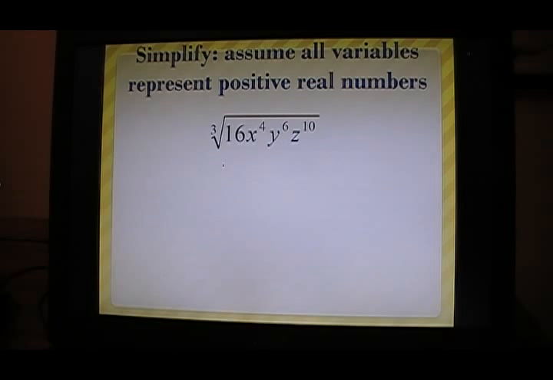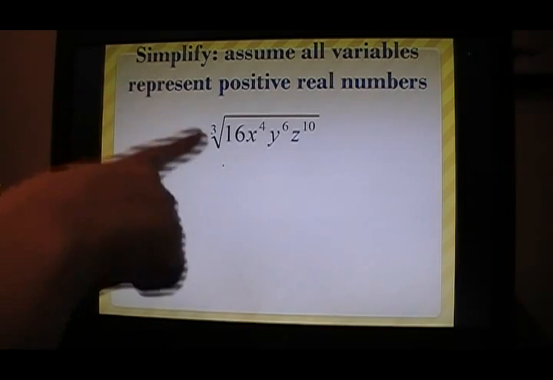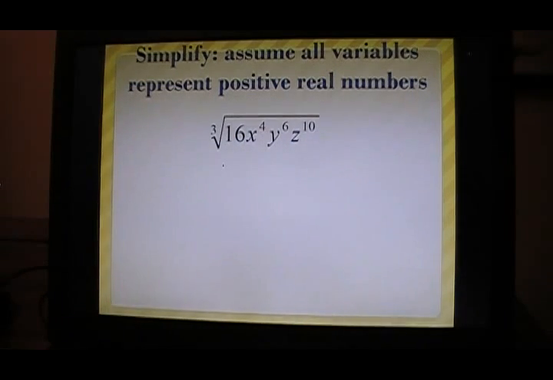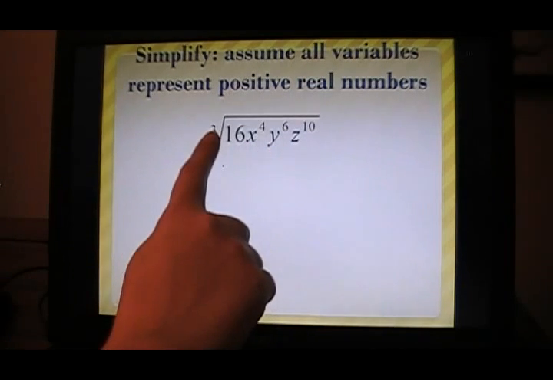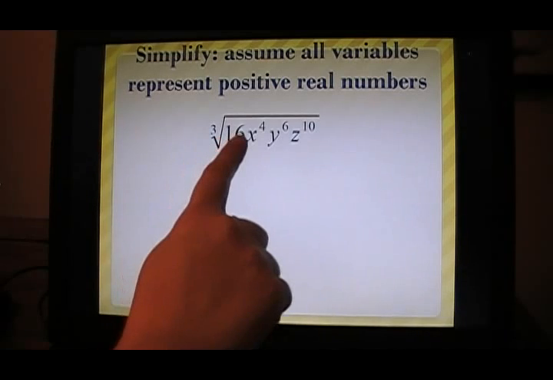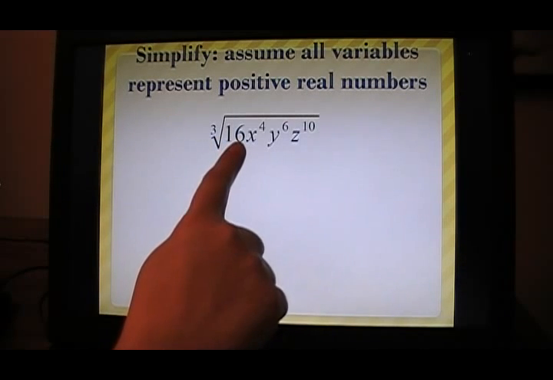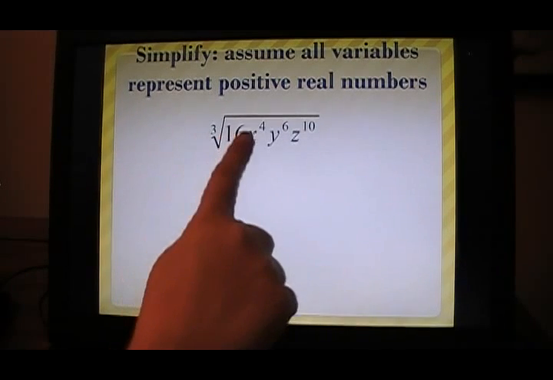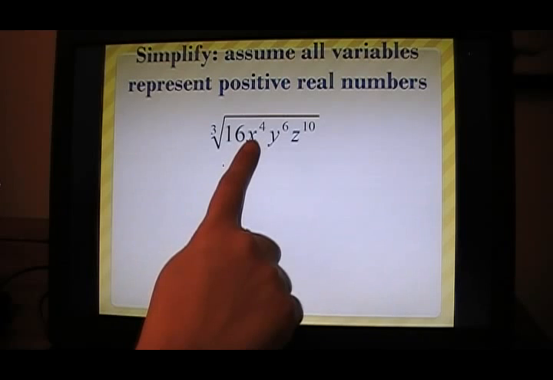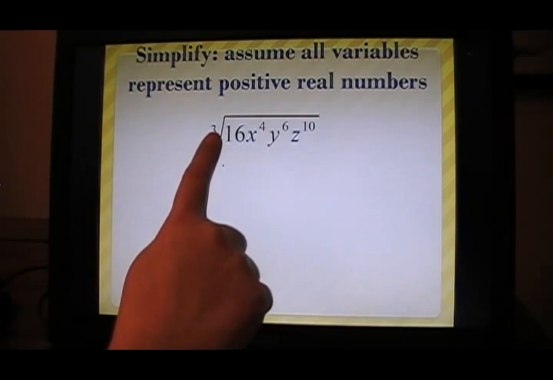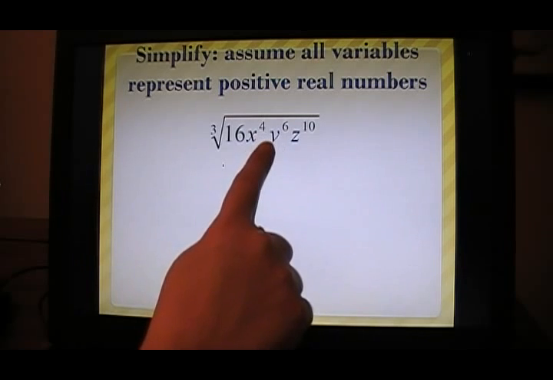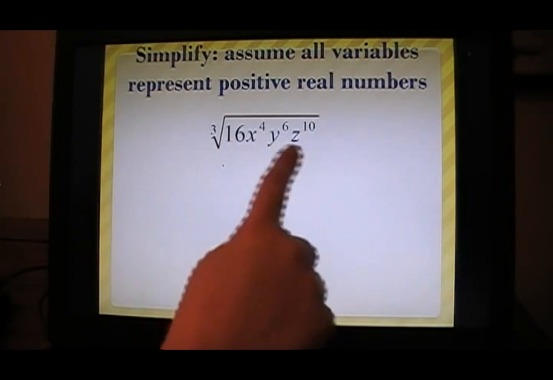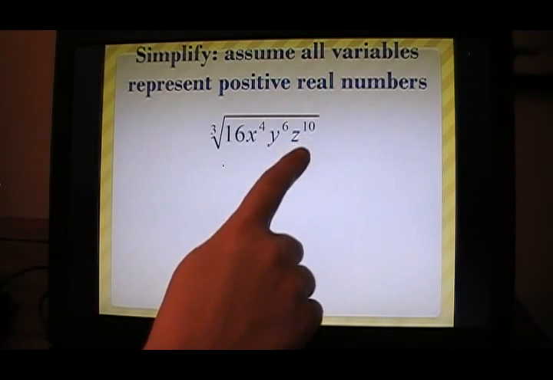So if I'm trying to simplify this expression, the first thing I always do is say, okay, looking at everything underneath, is there something I can multiply 3 times to get 16? Is there something I can multiply 3 times to get x to the 4th? Is there something I can multiply 3 times to get y to the 6th? That one's a yes, but the rest would be a no. Okay?